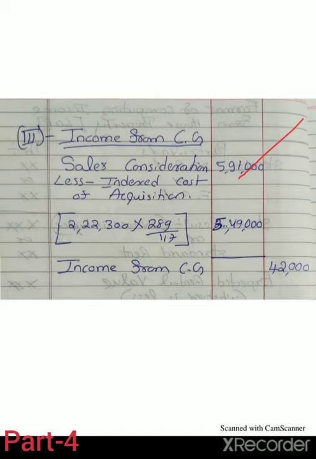So here, cost of acquisition is 2,22,300 into 289 divided by 117. So the index cost of acquisition value is 5,49,000. After deducting these, income from capital gain is 42,000.